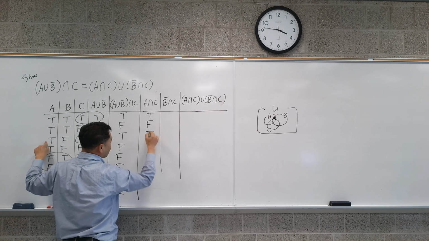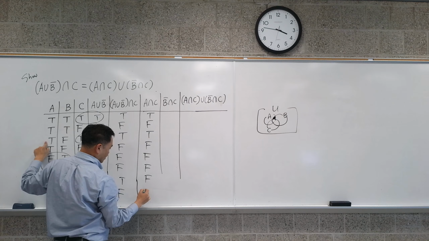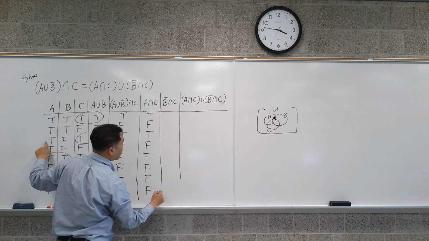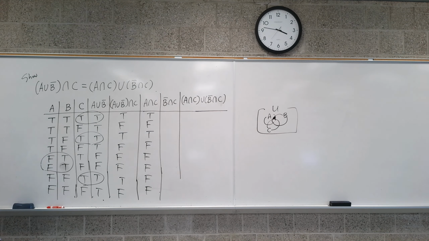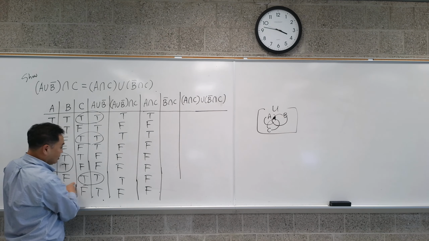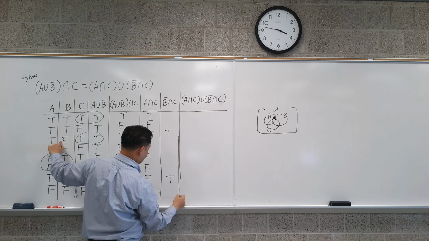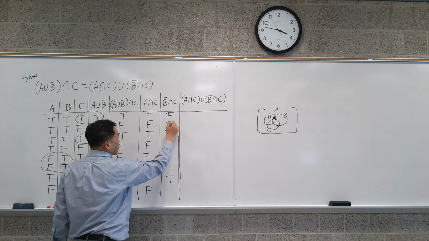Everything else is false. Now B bar and C would be when B itself is false and C is true, so there's one here. FT, that's what we're looking for. There's another FT here, so these are the two cases that it's going to evaluate to true. Everything else is false.